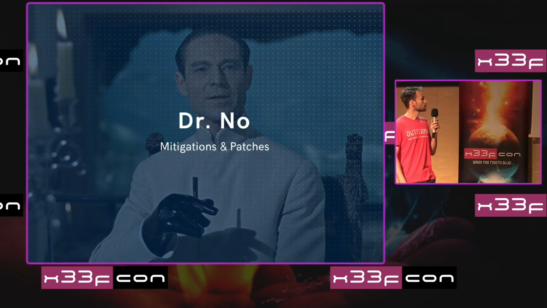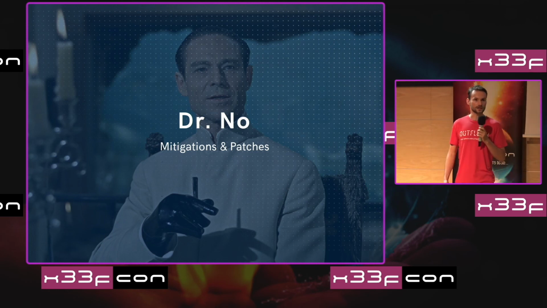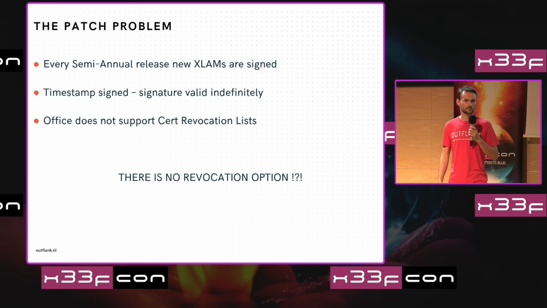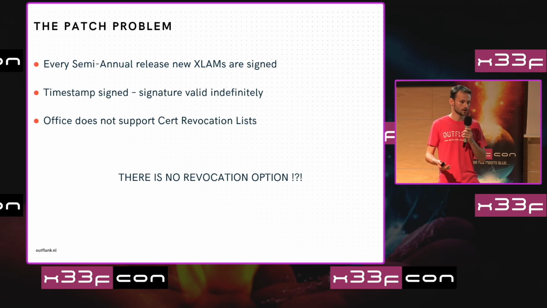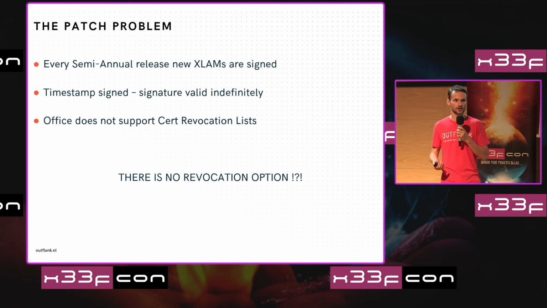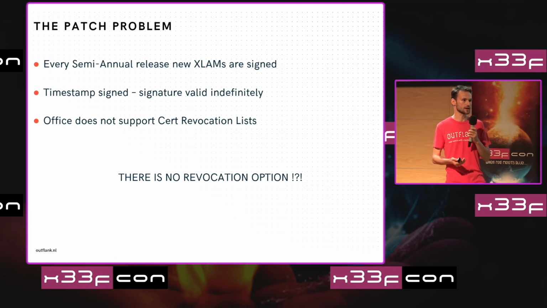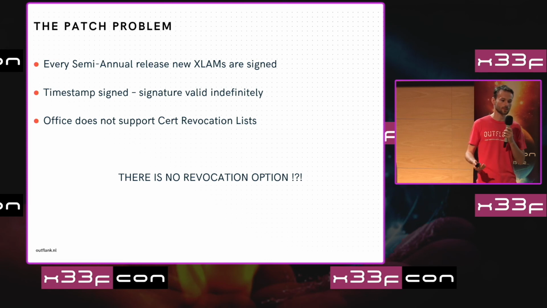So, how did Microsoft mitigate and patch this issue? This wasn't necessarily an easy issue to patch, because every semi-annual release, there were new add-in sheets signed by Microsoft. Furthermore, looking at the samples we found online, we noticed that this vulnerability and these signatures were out there already for more than 10 years.